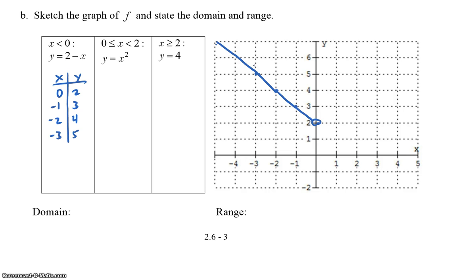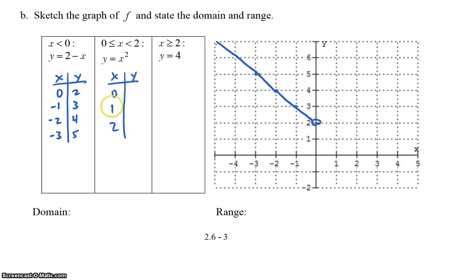Then we move to f of x equals x squared for x greater than or equal to 0 and less than 2. So once again, I'll make a little table. And here I'll just need to choose 3 values of x. I'll use 0, of course. I'll use 1.